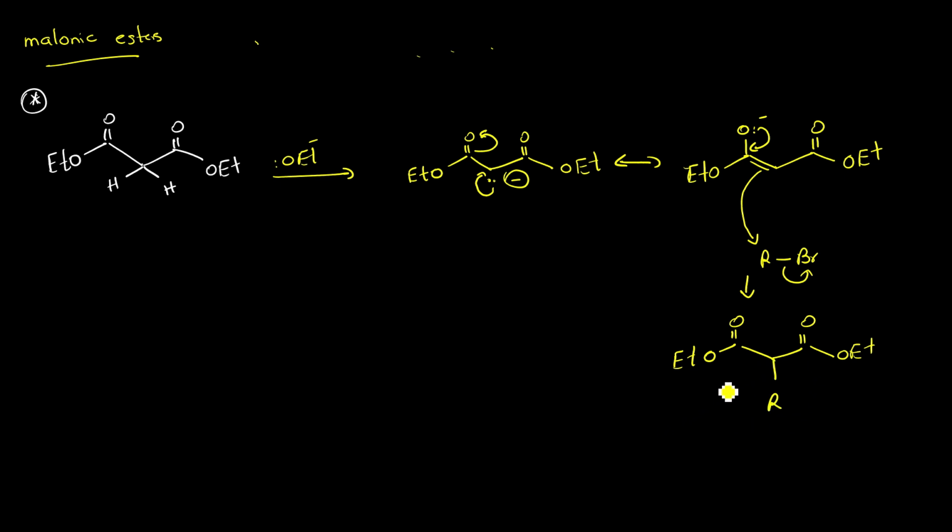But the most important part is you can remove one of these ester parts with heating in acidic medium. So now you can obtain EtO, the carbonyl group, and this part is going to be eliminated. You are left with the R group. This is more important, right?